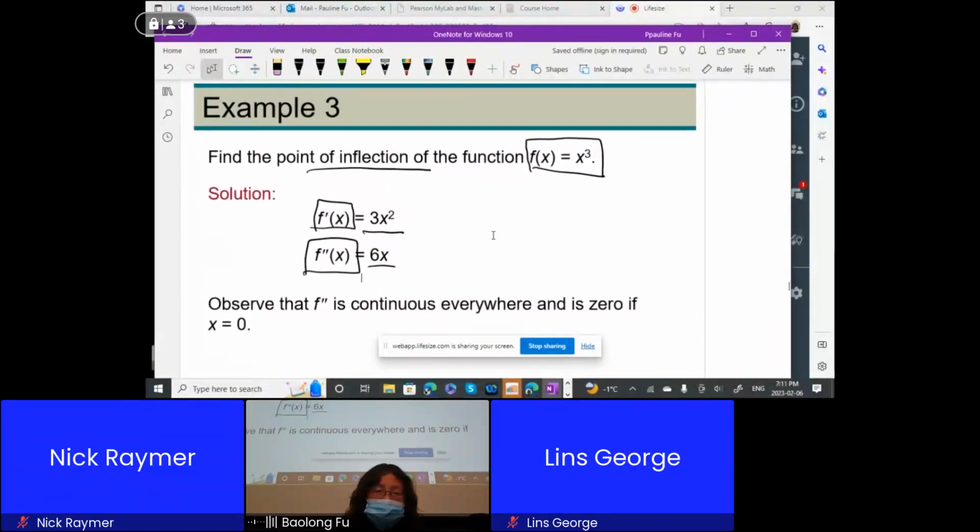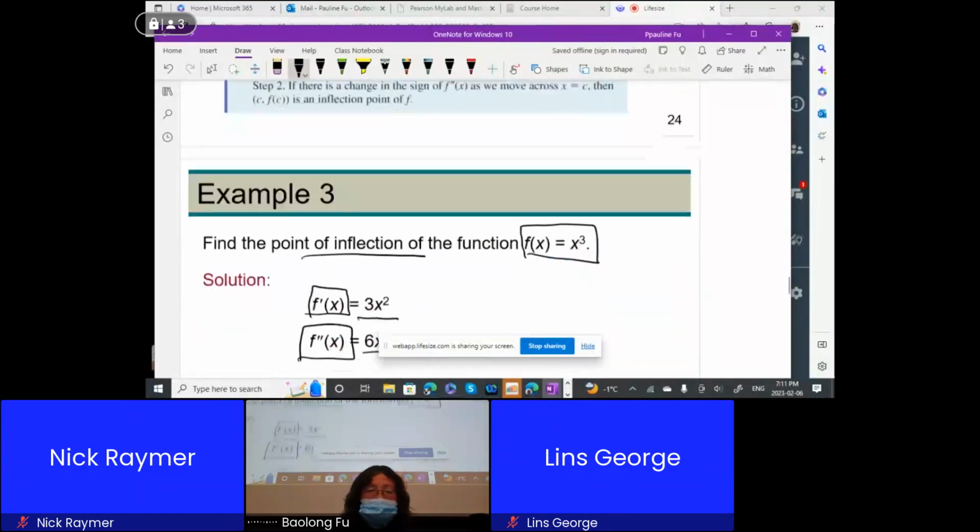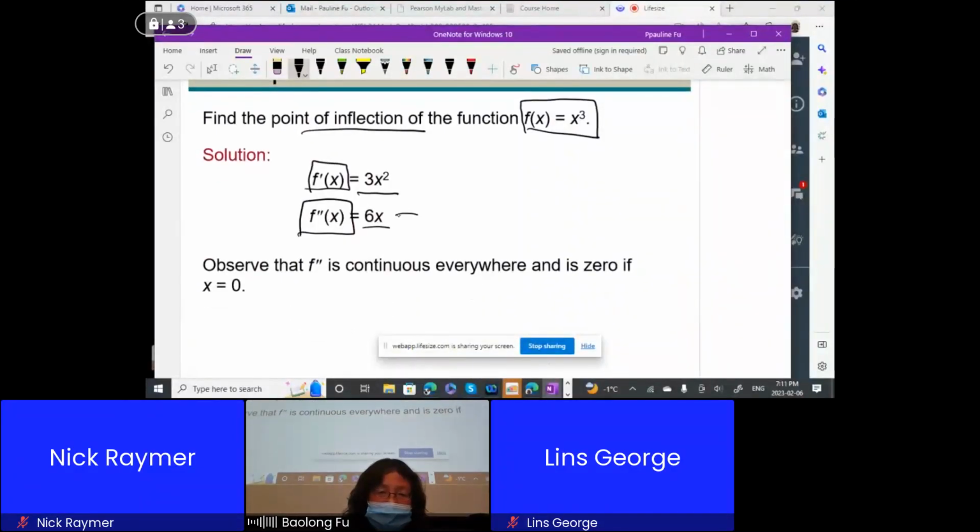So how do I find the inflection point? Compute the second derivative first, and then determine the numbers where the second derivative equals 0 or the second derivative does not exist. Now let the second derivative equal 0, and you get x equal to 0.